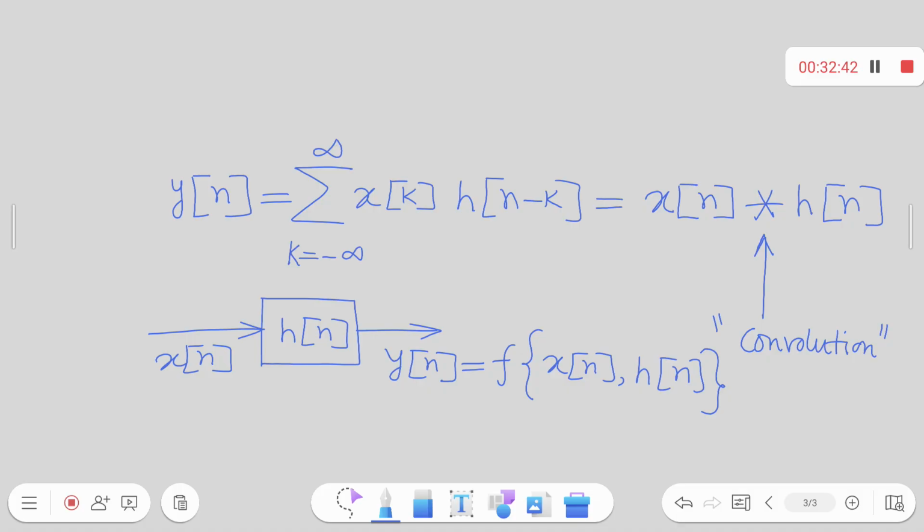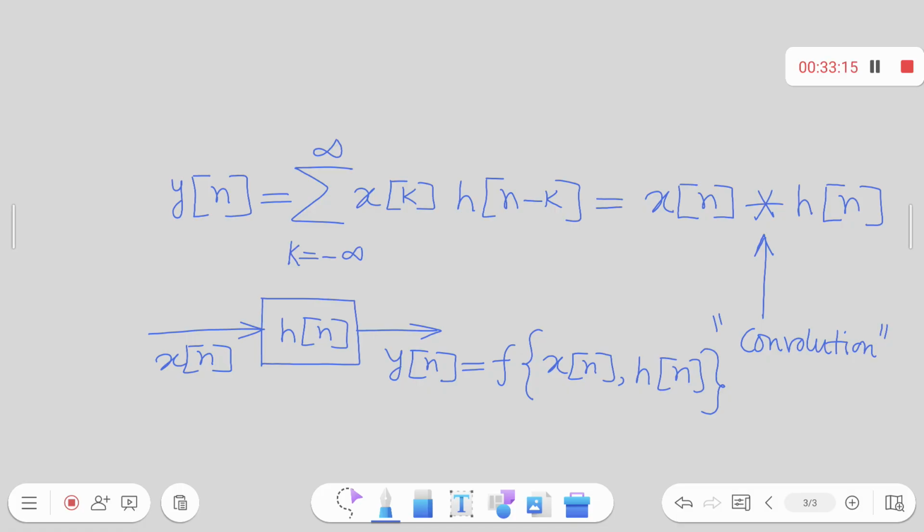When you observe this representation, you have x of k and then h of n minus k. So you have started with h of n or h of k, whatever it may be. What are those four operations? The first operation is the time reversal operation, from h of k to h of minus k.